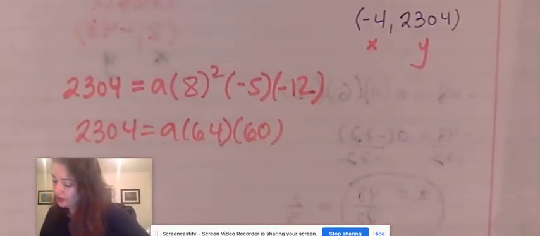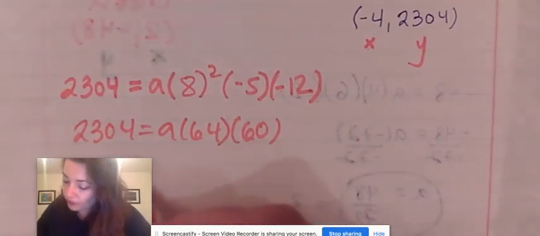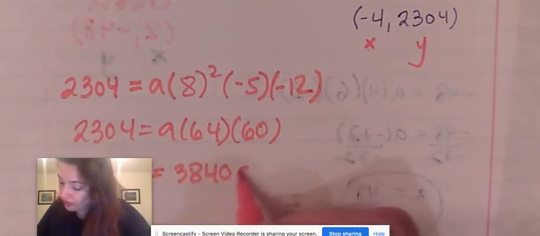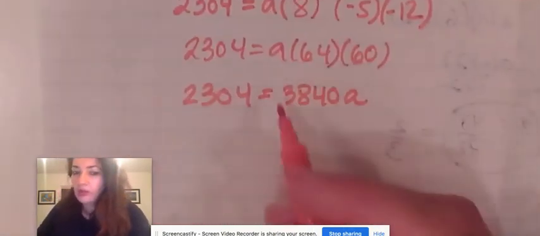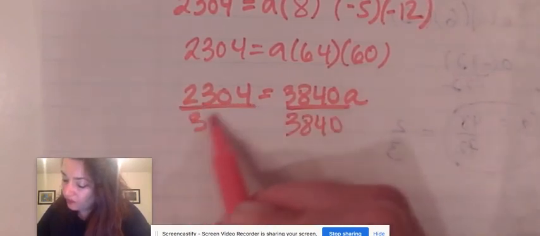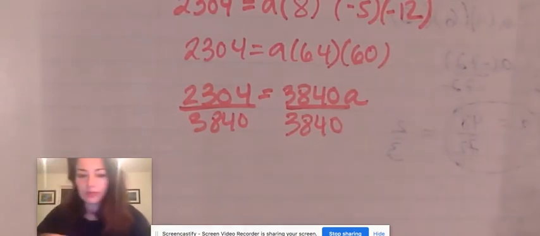If we do 60 times 64, we will get 3,840 times a. Divide by 3,840, and that will work out to be 3/5.